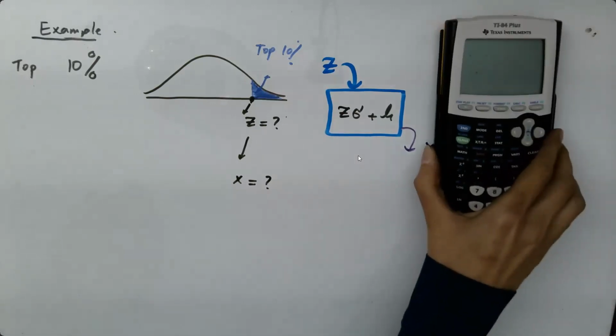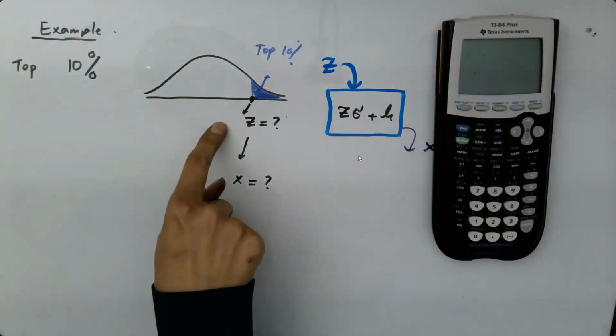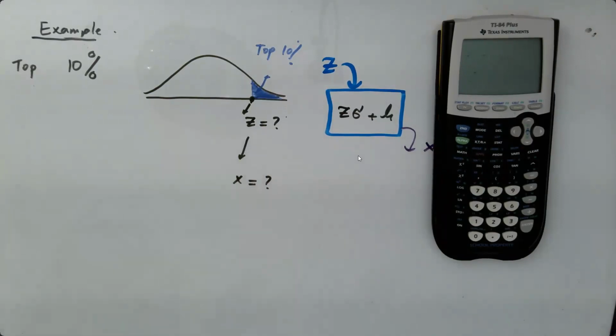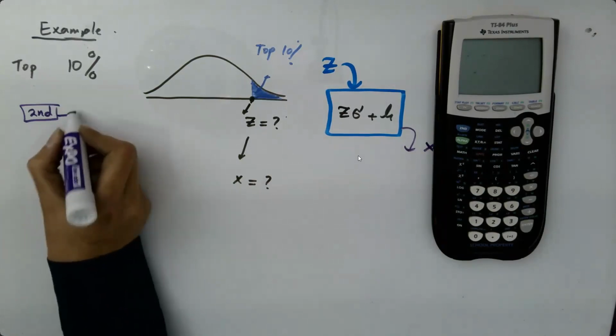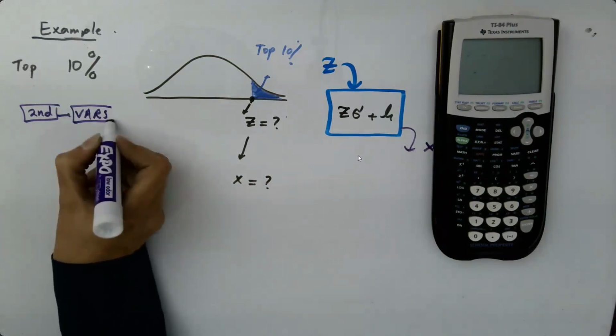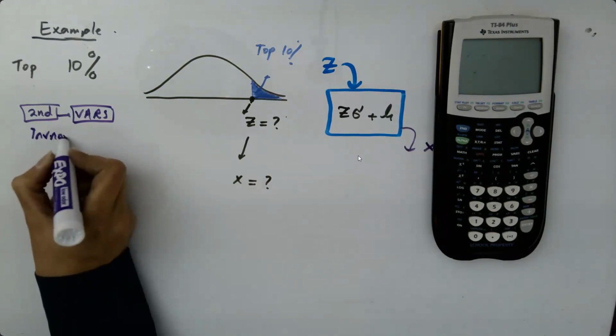Okay, let's use our calculator. To find Z, you're going to use inverse norm. So go to second, vars, inverse norm.